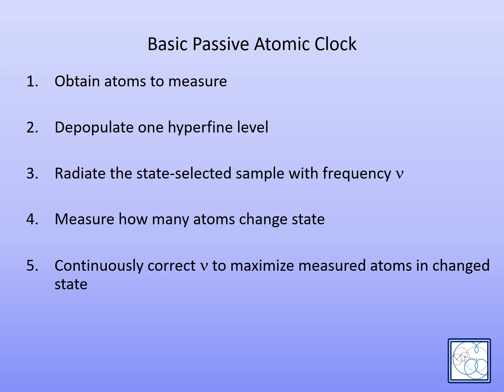You radiate the atoms that are in the lower level with this frequency. You measure how many atoms have changed the state. In other words, how many atoms have absorbed one of these photons, and hence the atoms go into the upper state, and you have to detect this. And then you continuously correct this frequency nu to maximize the number of atoms that are changing the state.